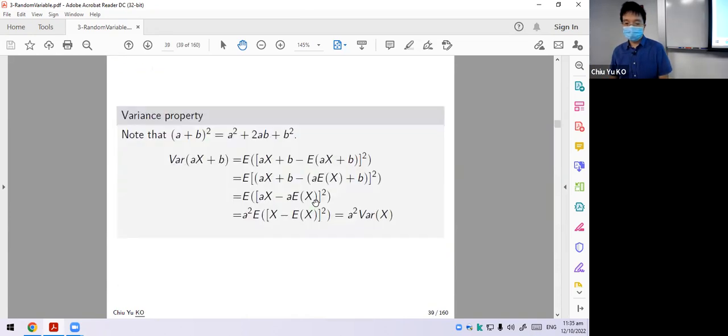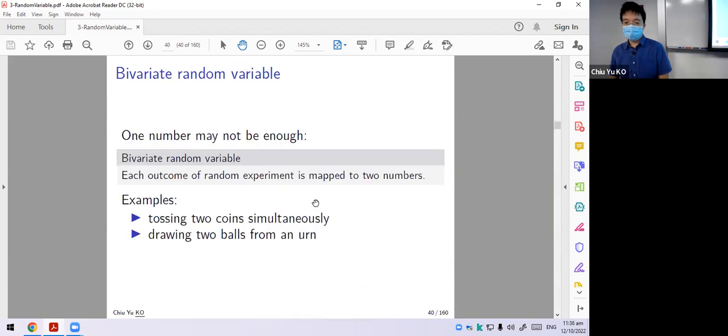Okay. And just do note that we focus on the idea of having a single number to represent the outcome of the random experiment, but you can actually consider two or more numbers, and there's no problem in terms of theory. But if you calculate expectation, the two numbers may be related, okay?